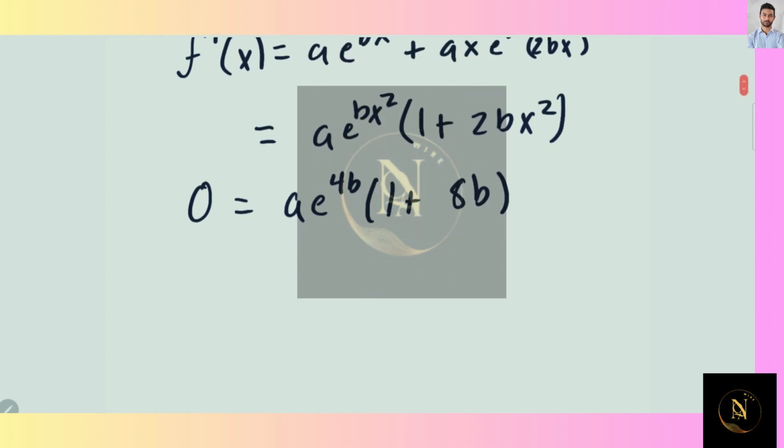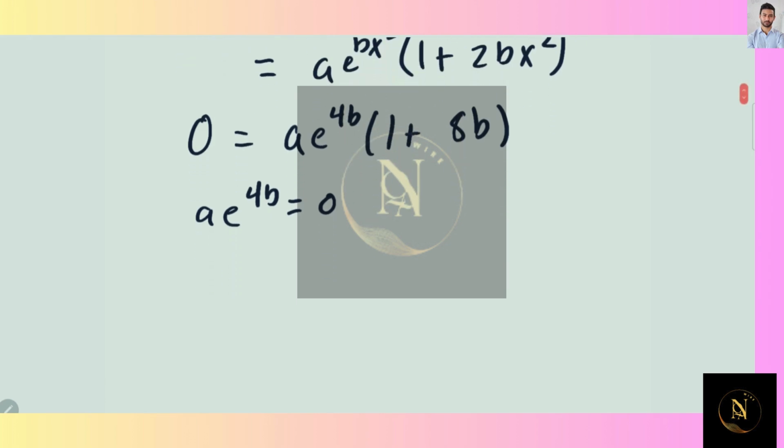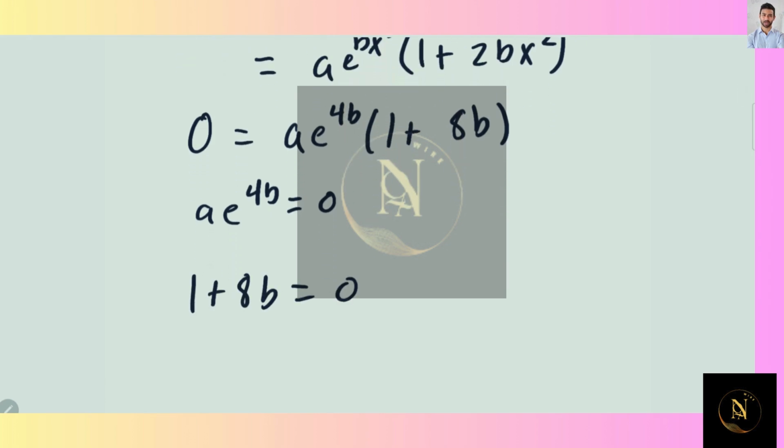Now we have two factors that are multiplied by each other equal to 0, so we can set each of these factors equal to 0 and solve for a and b. If we look at the first part, since e^(4b) can never be 0, only a equaling 0 would give us 0 in this factor.